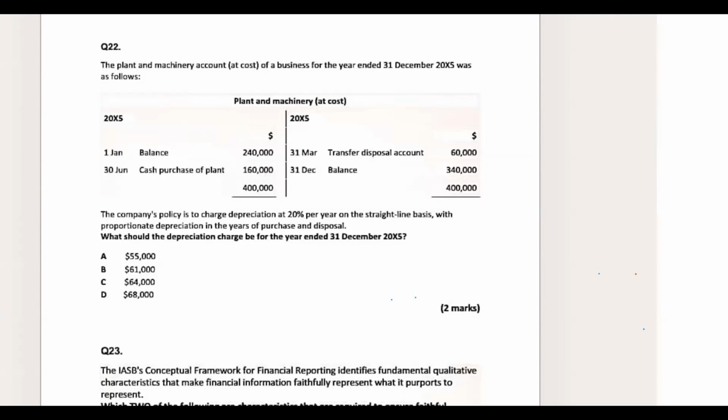Then you multiply 20%, which is 68,000. That's my calculation. Okay. Interesting. What about others?